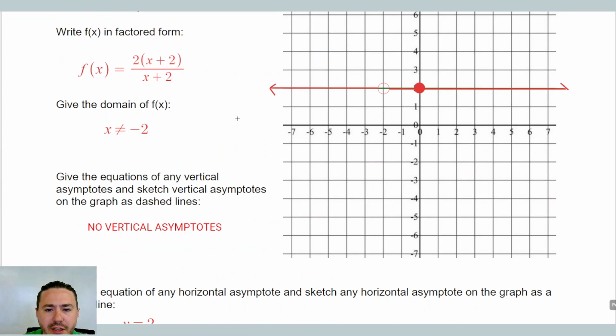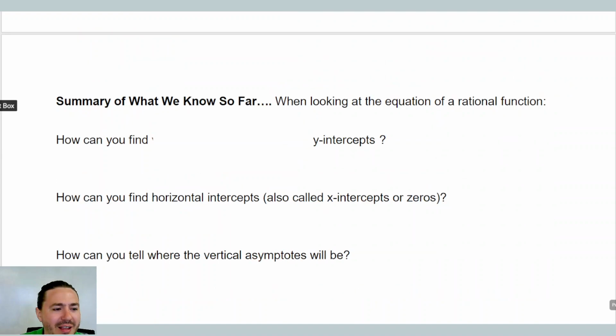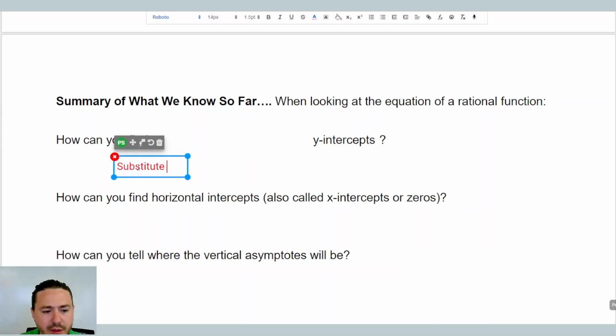Okay, so we're just going to say, how can you find the y-intercepts? To find the y-intercepts, we're going to substitute 0 in for x and evaluate the expression. In other words, you plug in 0 and you just calculate it out.